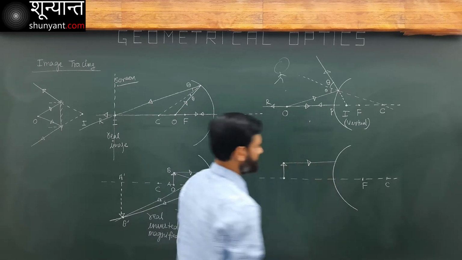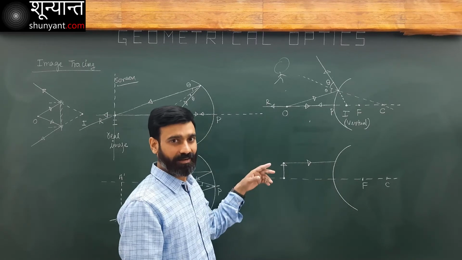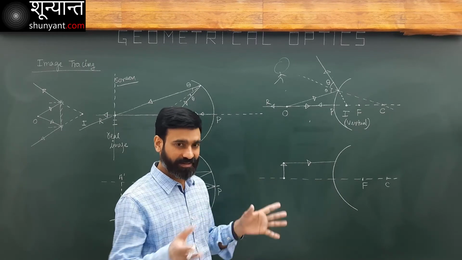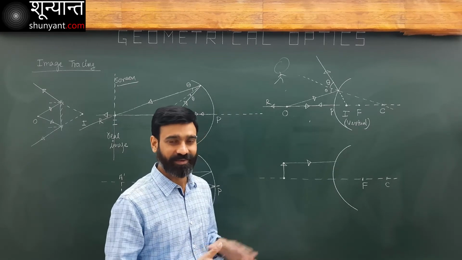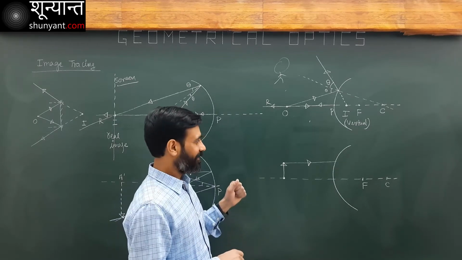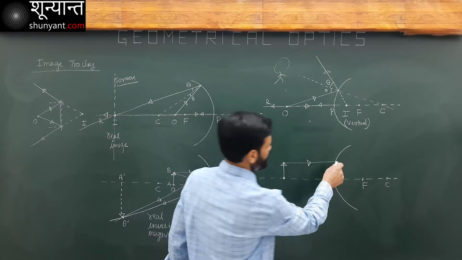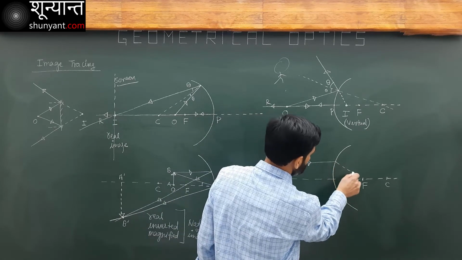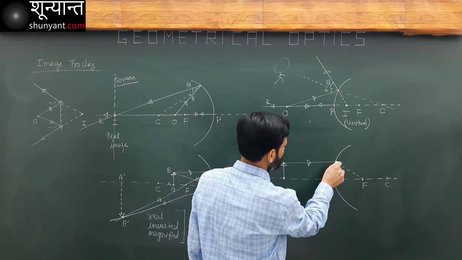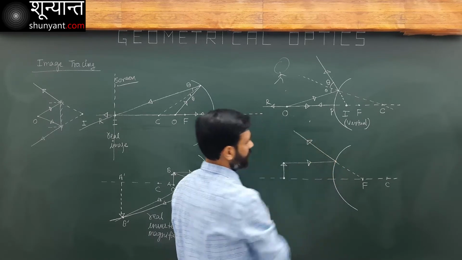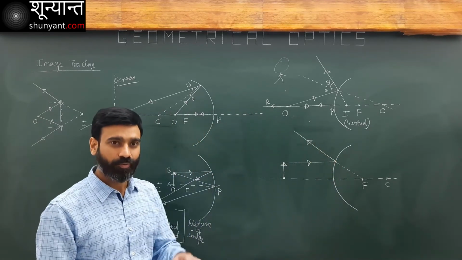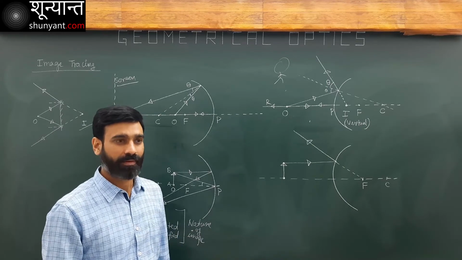What will happen to this? Paraxial light ray. All the cases are paraxial, because that is only the part of our syllabus. Only then this will pass through focus. So this will diverge from focus like this. Now, I need one more.